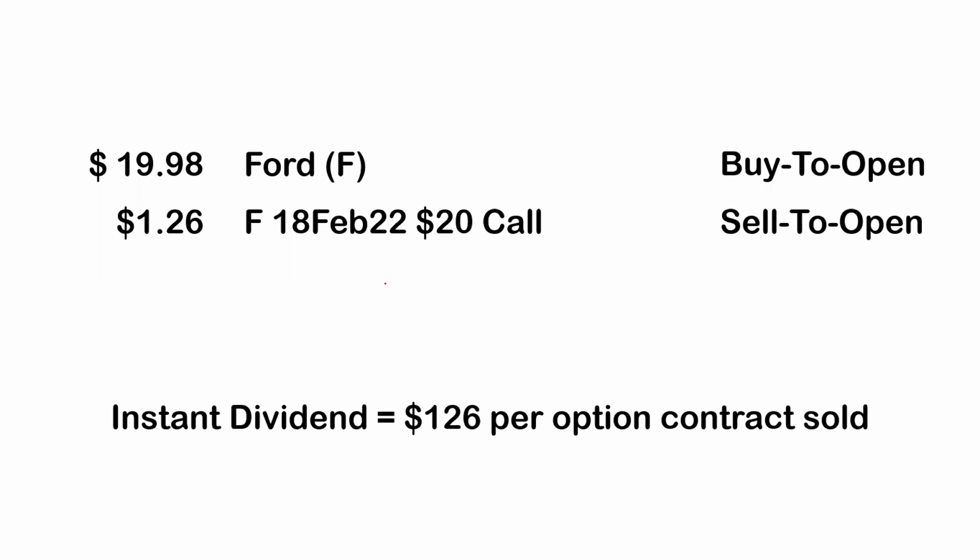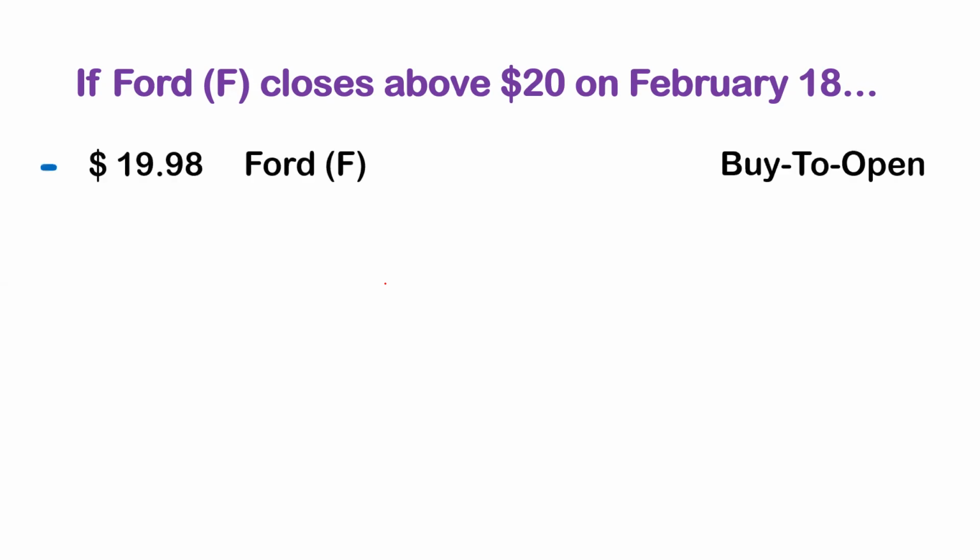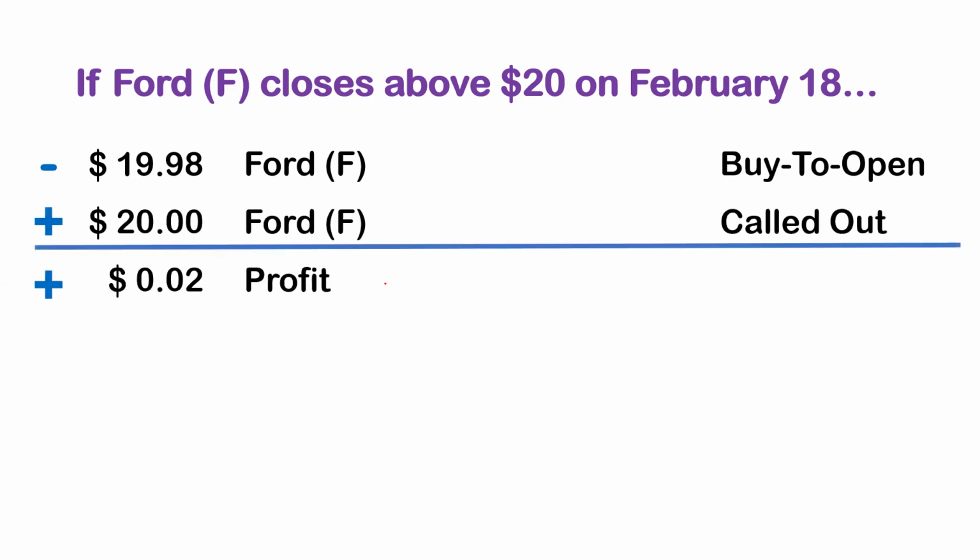And this $1.26, the value of that option is going to decay away with time like an expiring coupon. That expiration date is critical, right? So let's go through some examples. What happens if Ford winds up closing above $20 on February 18th? Well, I paid $19.98 for the Ford stock. I get the $20 back for having it go above $20.